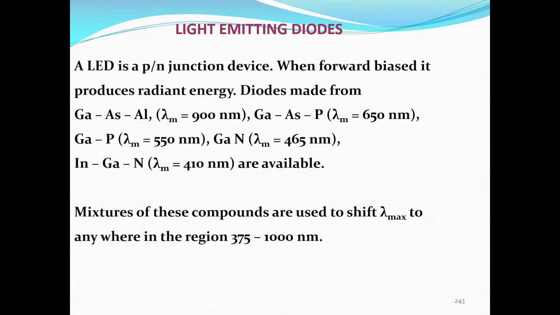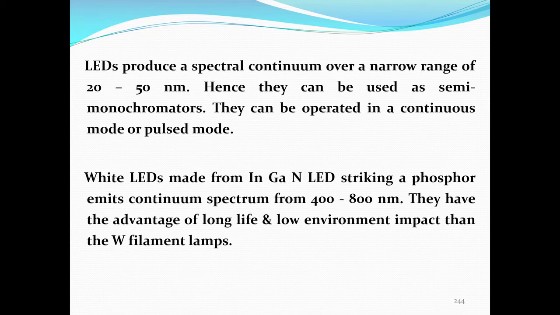They will not be able to cover the whole electromagnetic spectrum. That is the difference. If you have a white LED, then probably you may be able to measure the absorbance over a wide range. LEDs normally produce a spectral continuum over a narrow range of only 20 to 50 nanometers. Hence, they can be used as semi monochromators.